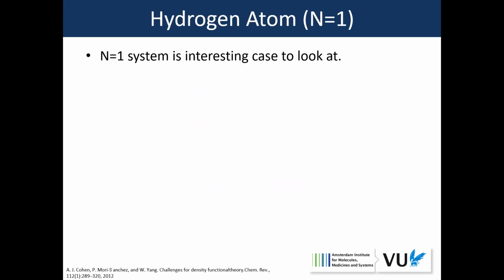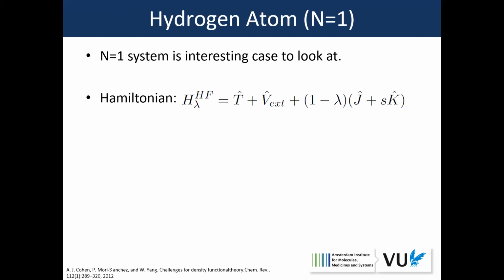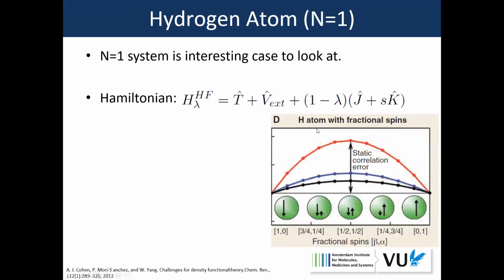Moving on, we can now go to the hydrogen atom. It's an interesting case to look at because we can write the Hamiltonian in the following way, which is very similar to what you had, except that we have this factor S in front. When we look at this S, we can again look at this picture of the fractional spin systems of Wei-Yang.